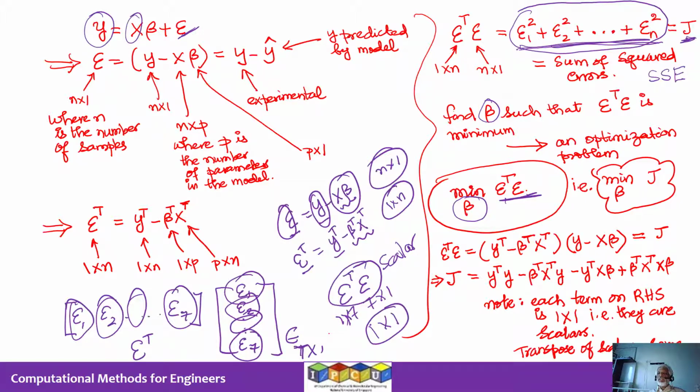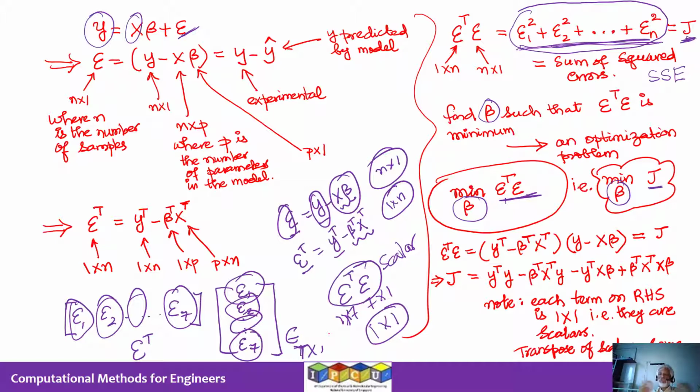In other notation, you can write it as minimize J by using beta as the handles or decision variables. So conceptually, we have expressions for epsilon transpose epsilon. We know it is going to be equal to the sum of squared errors, which we denote by the symbol J, and we have set our goal to minimize the value of J by an appropriate choice of beta.